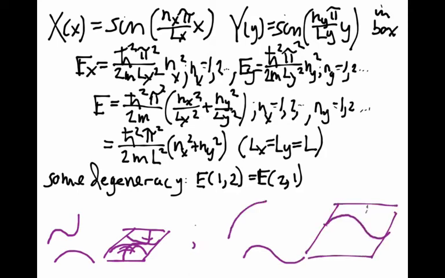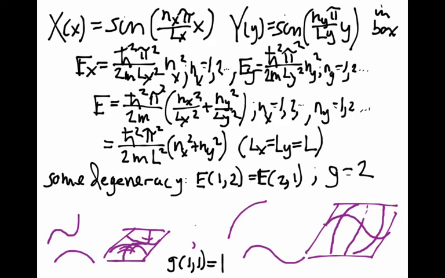You go the other way around, and I get the 2, 1, where the full cycle is in the x direction, and now the patch is bumping up and down from left to right as opposed to forward and back. But those look exactly the same if the patch is square, so I can just rotate it 90 degrees, and I get basically the same thing. So it's rotationally symmetrical, so we call that degeneracy g of 2.